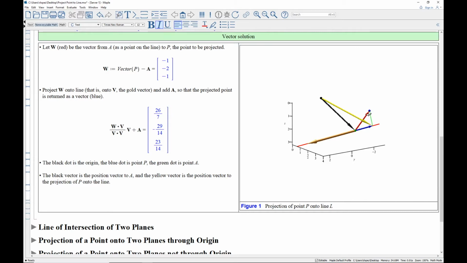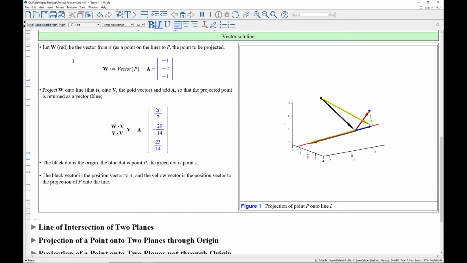That's the red arrow. That's what gets projected onto the goal vector. It happens to be pointed in the other direction. This is the projection. This blue vector is the projection. This point, for which the yellow vector is the position vector, is what you're after.